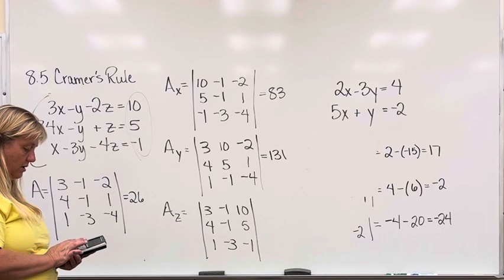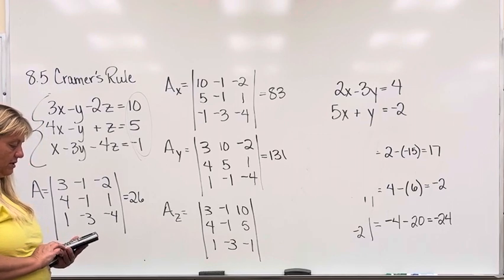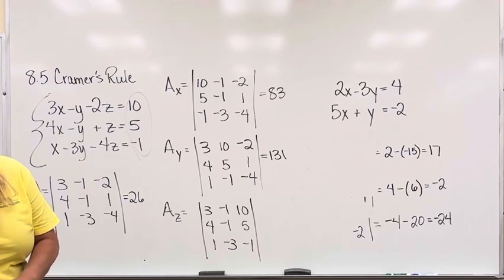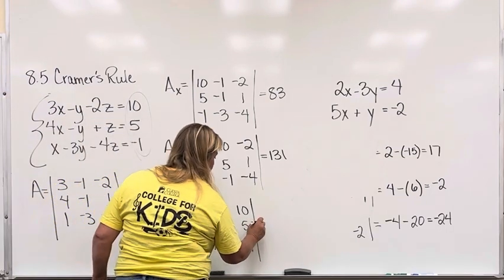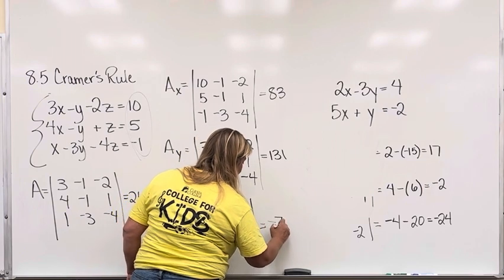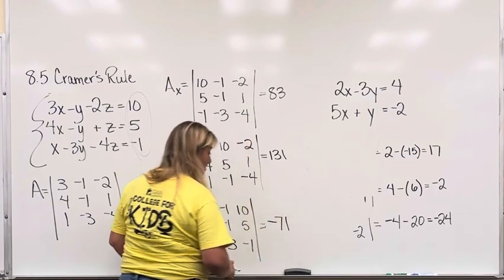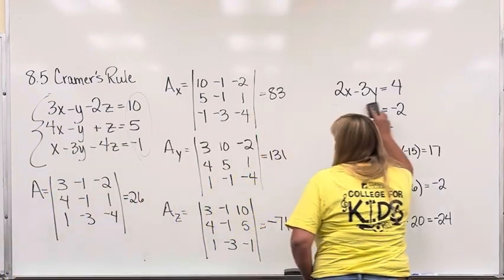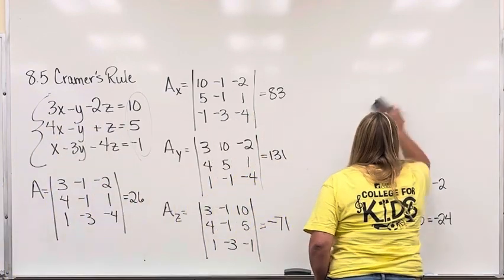Okay, mine looks good. Matrix, determinant, matrix. I'm using matrix B. And this one is -71. Okay. All right, so some ugly numbers going on there.